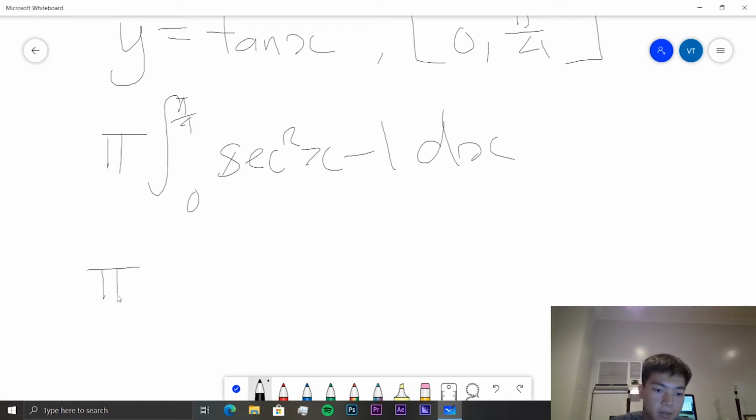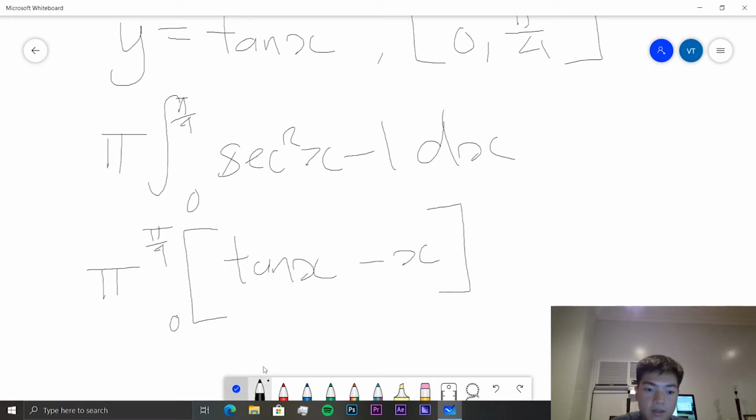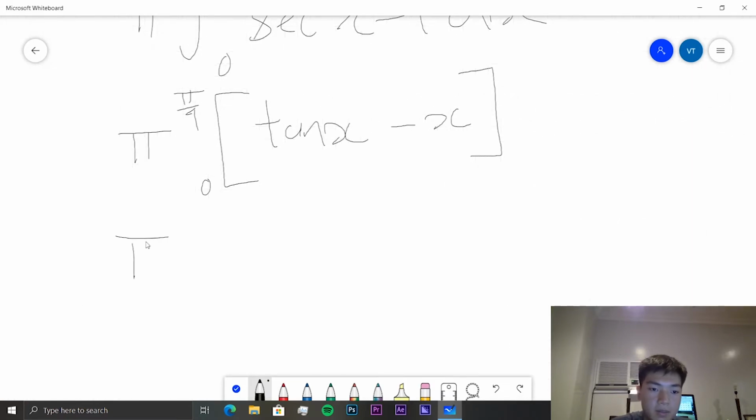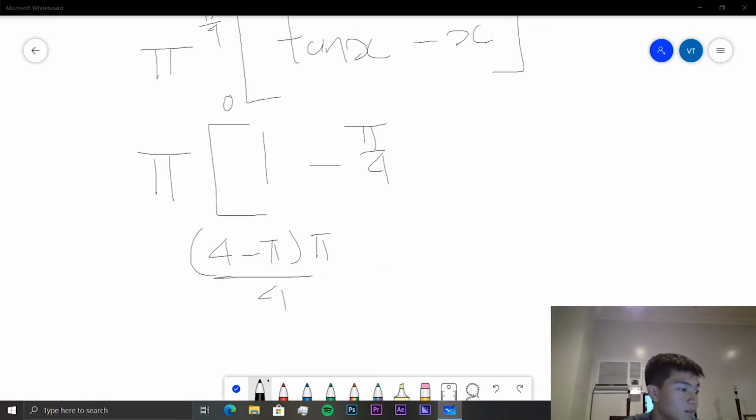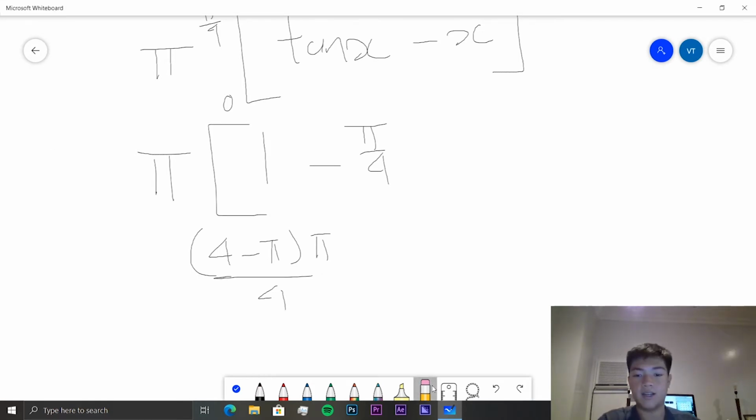So this will be equal to pi times the integral between 0 and pi over 4 of tangent x minus x. So this will be equal to pi times, well, that's 1 minus pi over 4. Yeah, it's just 1 minus pi over 4. So this is pi times 4 minus pi over 4. Yeah, that's correct. Okay, on to the next one.